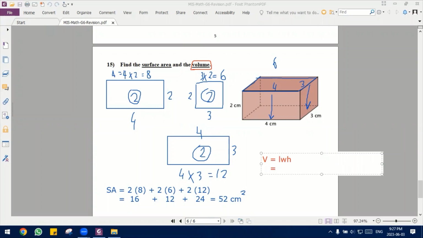So the length in this cuboid is 4, the width is 3, the height is 2, which is equal to 4 times 3, 12 times 2, 24 centimeter. Here I'm trying to find the volume, so it's centimeter cubed. So remember, volume is cubed, surface area, or area in general, is squared.